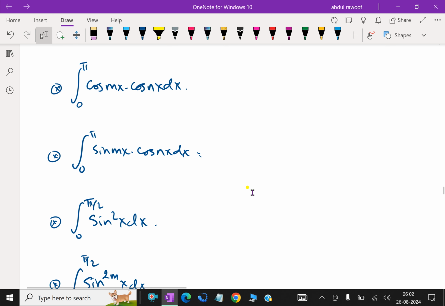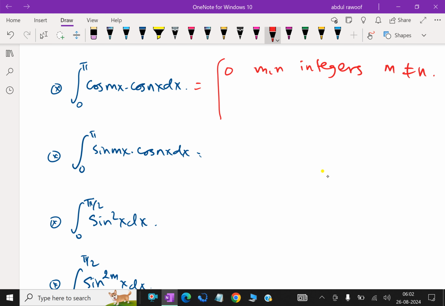Next, the integral from 0 to pi of cos mx cos nx. This also has two results. It is 0, where m and n are integers and m is not equal to n.